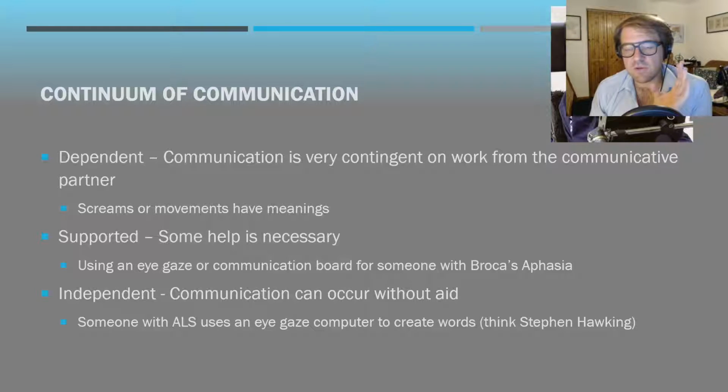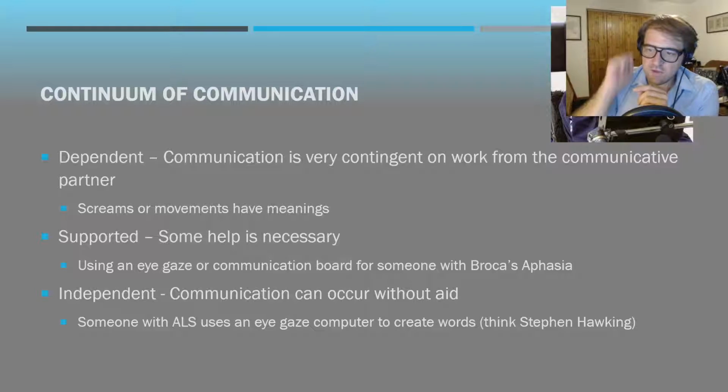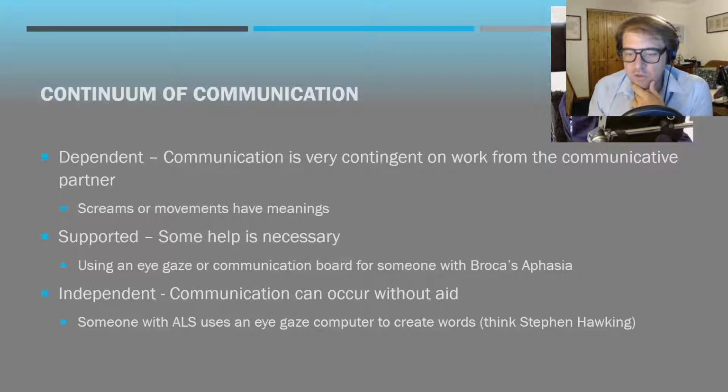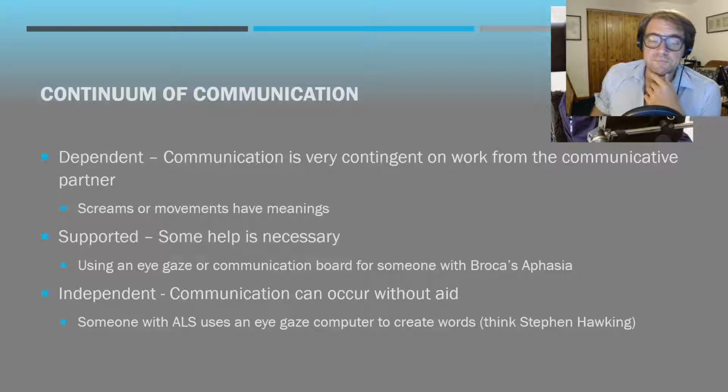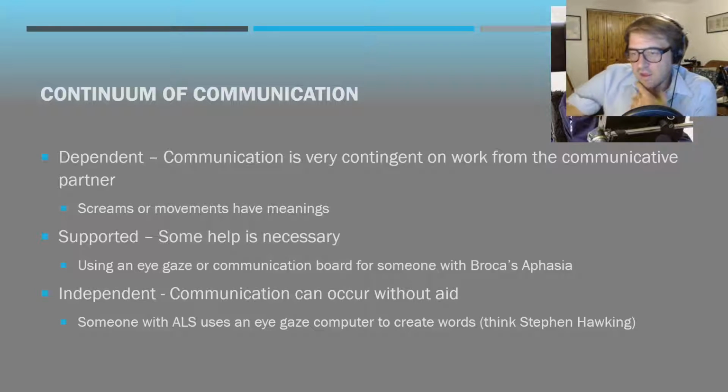Okay, but then we go to supported, and when I say eye gaze here, I mean like Stephen Hawking up here in the upper right corner. So I have him in the independent communication, which is true. We're going to talk about that in a second. But one of the things that he's using is an eye gaze device, but essentially it's an eye tracker, and it can see where you're looking.